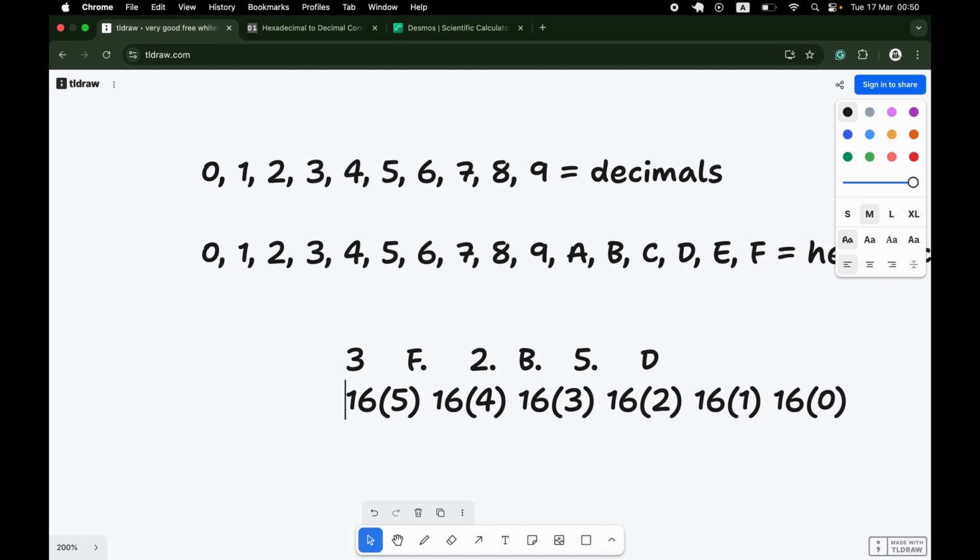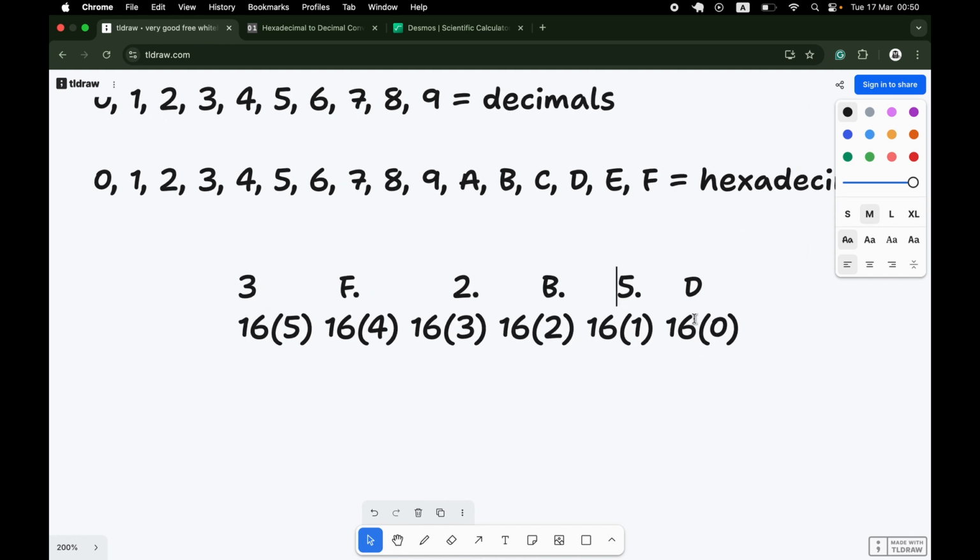Let me arrange them at the right positions to clarify.